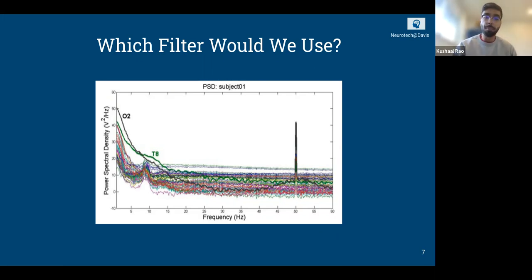And we have frequency ranges on the x-axis from 0 to 60 hertz, and we have the magnitude or the power. This is a different unit scale than we saw earlier, but the y-axis is a power scale. So what do we notice here right off the bat? All the frequencies look relatively normal. We have a peak in the 7 to 13 hertz range.